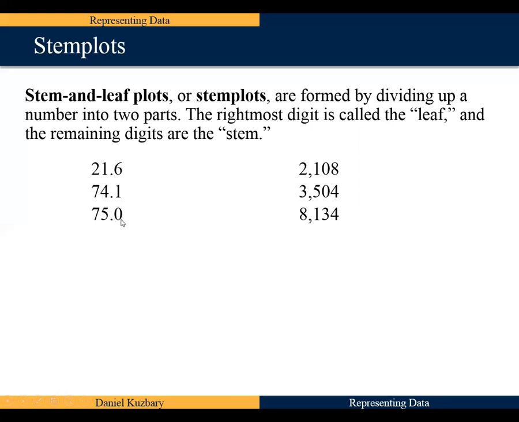So they all have this in common. I'm going to take the rightmost digit in each one of these numbers, and I'm going to make that my leaf. I can recognize, by place value, this is my leaf. Then all the other digits to the left of that are going to be part of the stem. So these whole number parts are going to be called the stem. This is the stem, and that is the leaf.